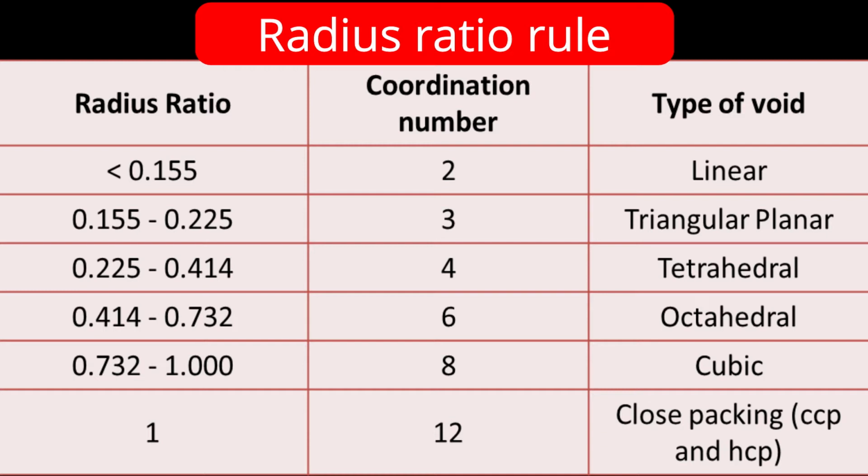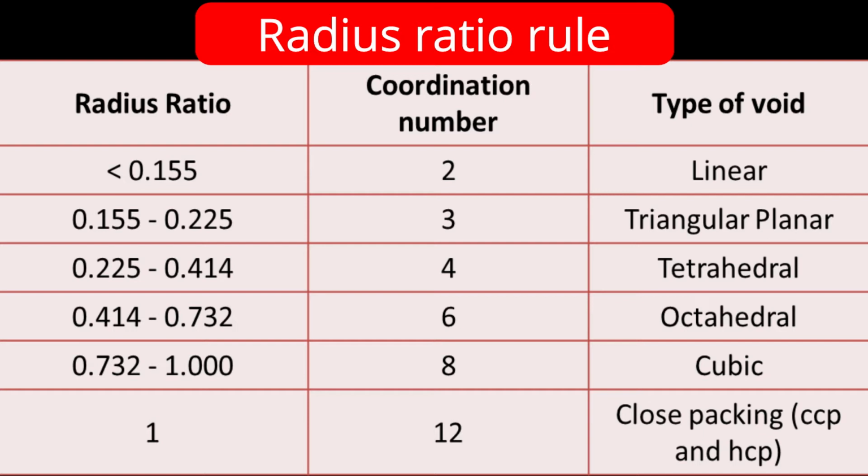If that ratio is less than 0.155, the type of void, gap, or hole will be linear. Coordination number will be 2. If it is between 0.155 and 0.225, the type of void will be triangular planar and the coordination number 3.